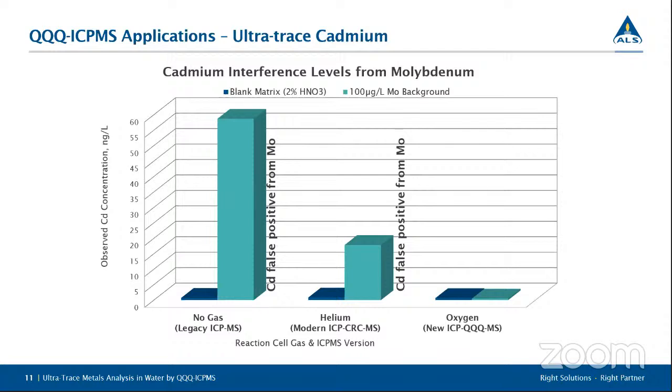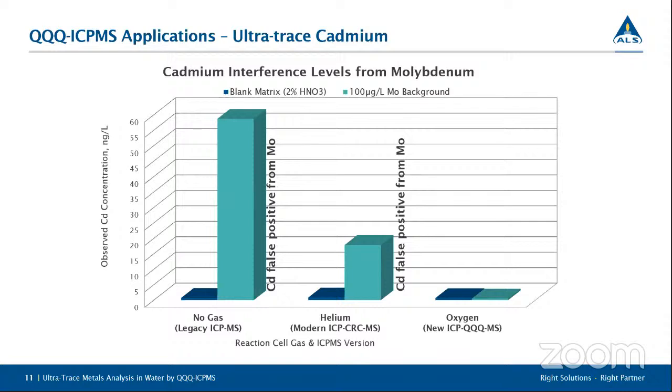One of the reasons the molybdenum oxide interference isn't always removed is also due to the speed of reaction in the cell. So you have to start considering reaction kinetics: given the speed the ions are moving through the cell, it might not have enough time to react with all the molybdenum oxide to shift it.